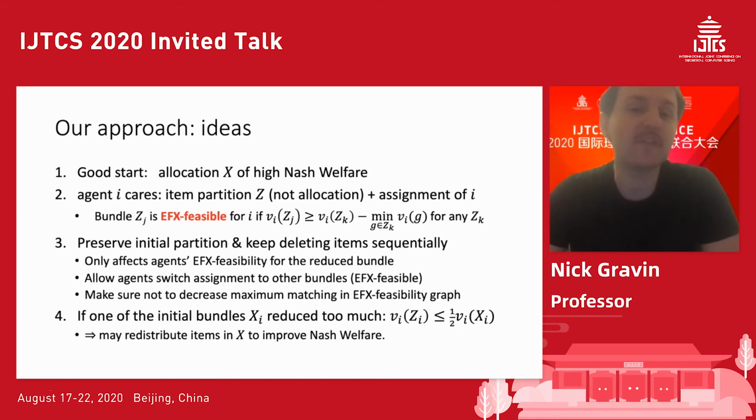If we started with the optimum Nash welfare allocation, then this will never happen. It means that we should arrive at a perfect matching in the graph at a certain point before we remove more than half of the items from each bundle. So this is just a high-level summary of the algorithm.